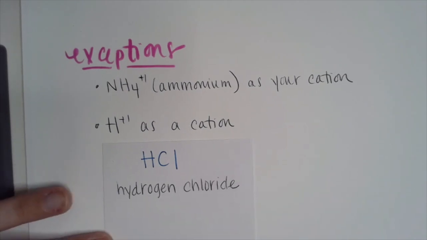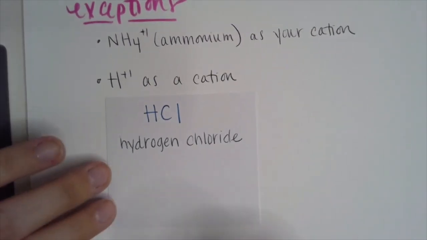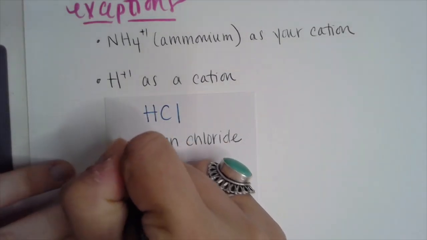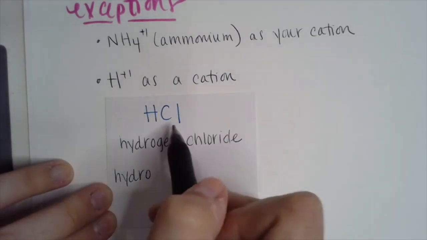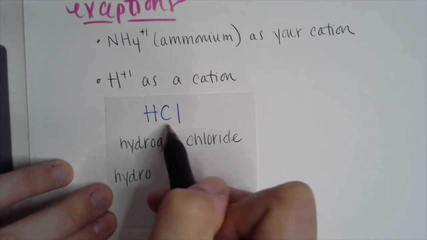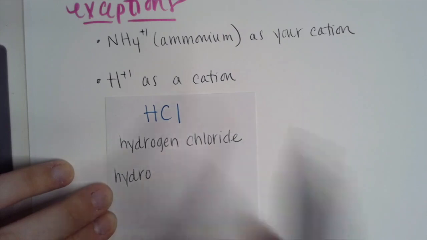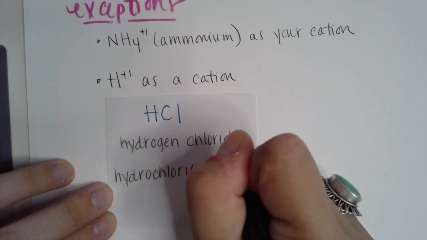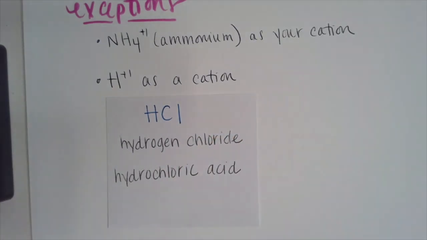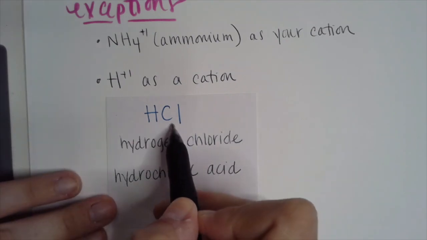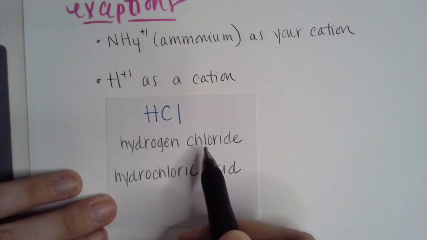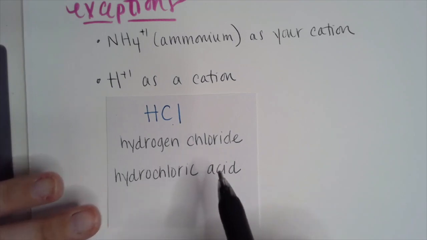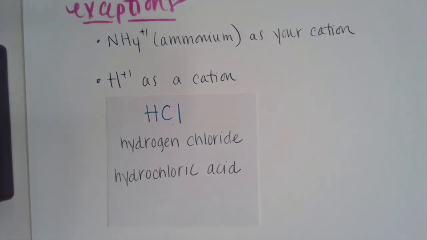Hydrogen chloride, or the way you can name acids in particular is we could use the prefix hydro for hydrogen, and then we would change the ending for chlorine, not so it's IDE, but so we put the ending ic, hydrochloric, and then you throw the word acid at the end of that. And that's true for any type of acid or anything that begins with a hydrogen in the front, a binary compound, I should say. So here, if this was a Br, it would be either hydrogen bromide or hydrobromic acid. Neither one of those is more correct than the other. Both of them are equally good.